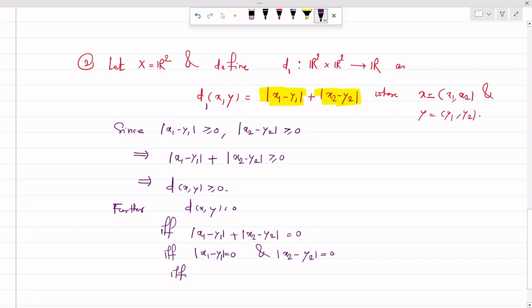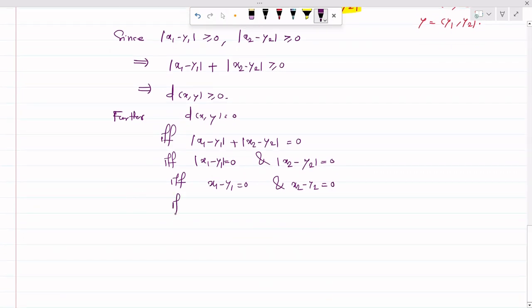That is if and only if x1 minus y1 is 0, and x2 minus y2 is 0. Further we can establish that this is possible if and only if x1 equals y1 and x2 equals y2. So that is if and only if the ordered pair x1 comma x2 is equal to the ordered pair y1 comma y2, and that is nothing but if and only if x equals y. So d of x y equals 0 if and only if x equals y.